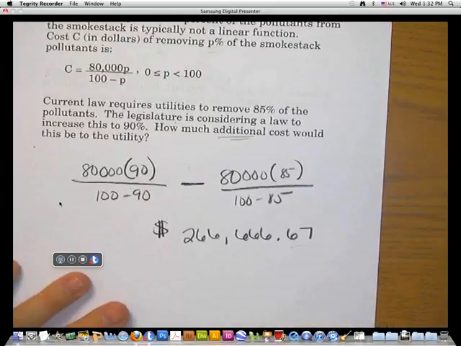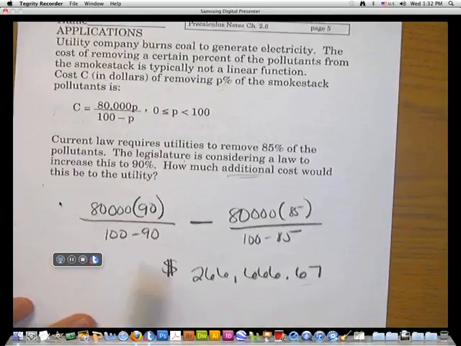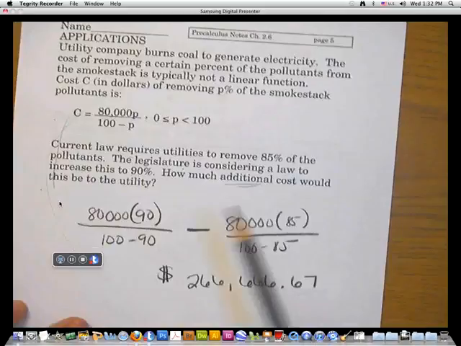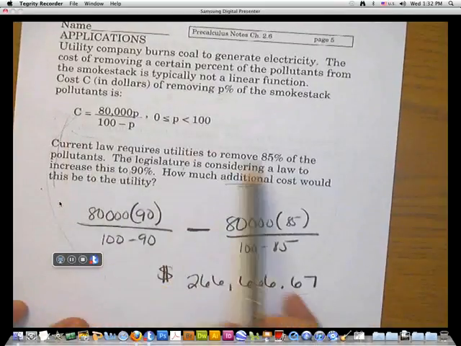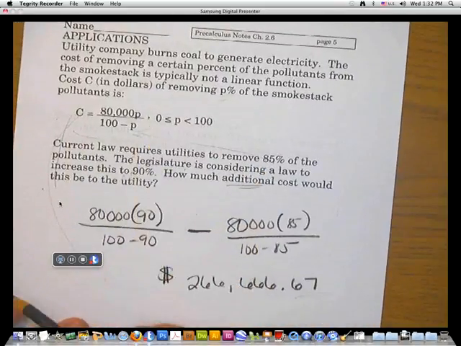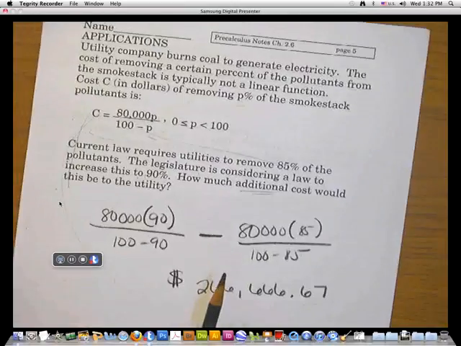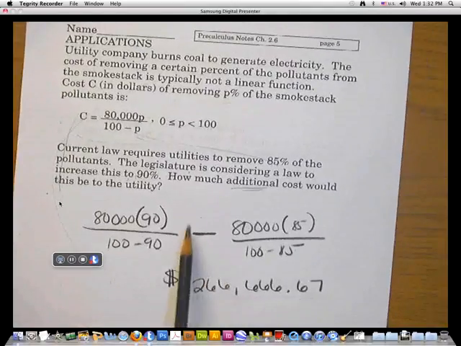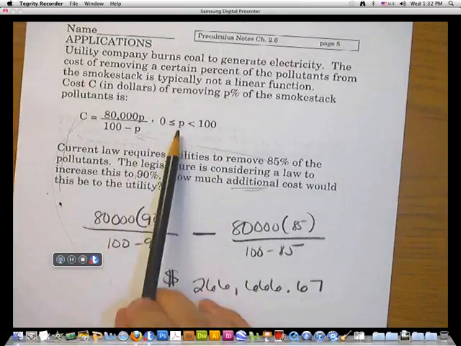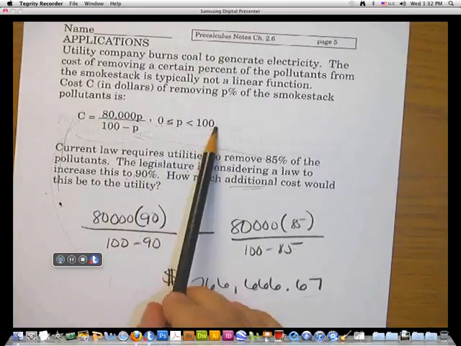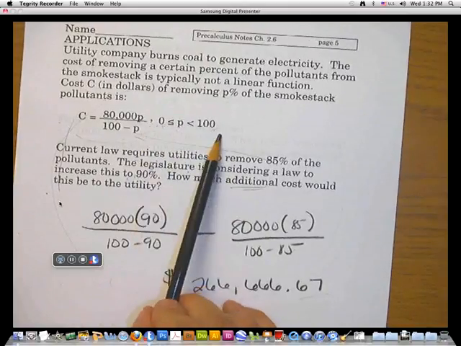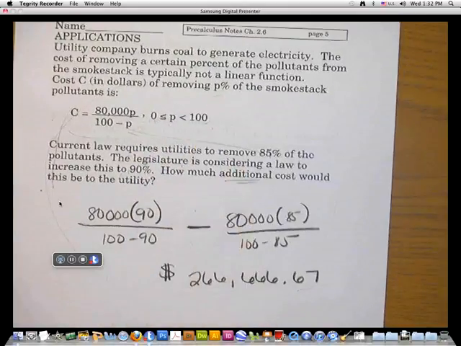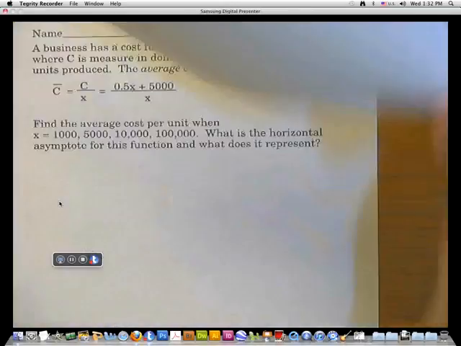Because it's money, we do need to round appropriately. But you do see this type of problem again, where they're going to give you the formula, they're going to give you the information, and all you have to do is plug it in. We don't use decimals because it told us our P is between 0 and 100, not 0 and 1. So we just use the 85 and the 90, not the decimal.